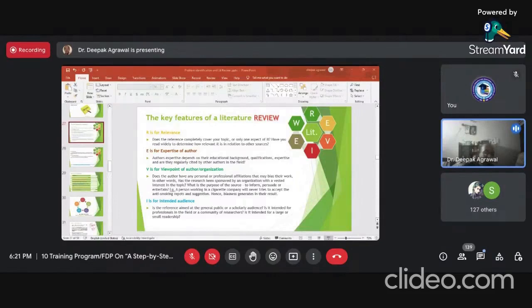Just like one example I have quoted, a person working in a cigarette company will never try to accept anti-smoking reports and suggestions, because ultimately it is associated with his or her bread and butter.